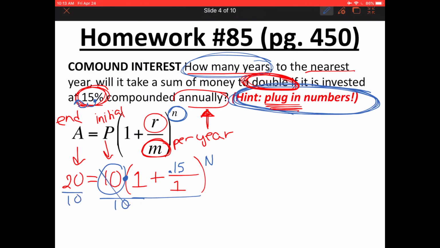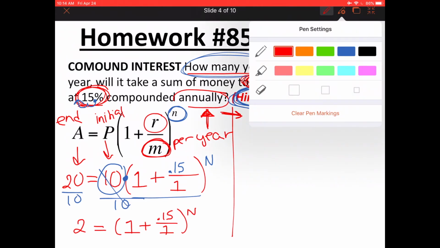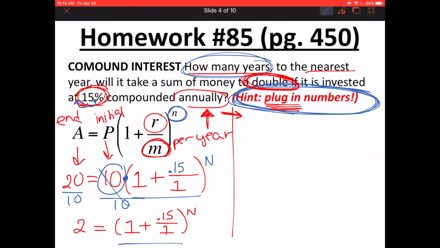So I'm going to divide both sides by 10, and I end up with 2 equals 1 plus 0.15 over 1 to the power of n. Okay? So now I'm going to come up here and keep going with my work. I'm just going to simplify my parentheses. I'm going to have 2 equals 1.15 to the power of n. So I just simplified there.